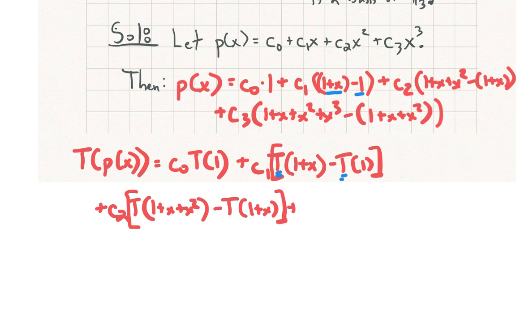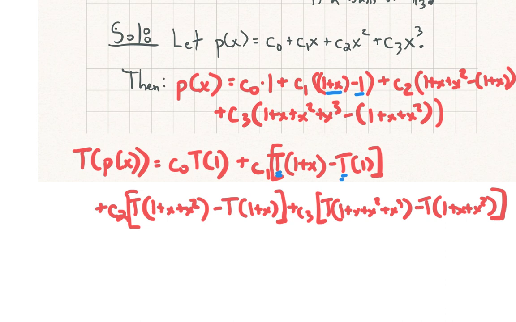And finally, plus C3 times the transformation of 1 plus x squared plus x cubed minus the transformation of 1 plus x squared. And the nice thing is, we were given these things here, so we can just plug these in and work it out.